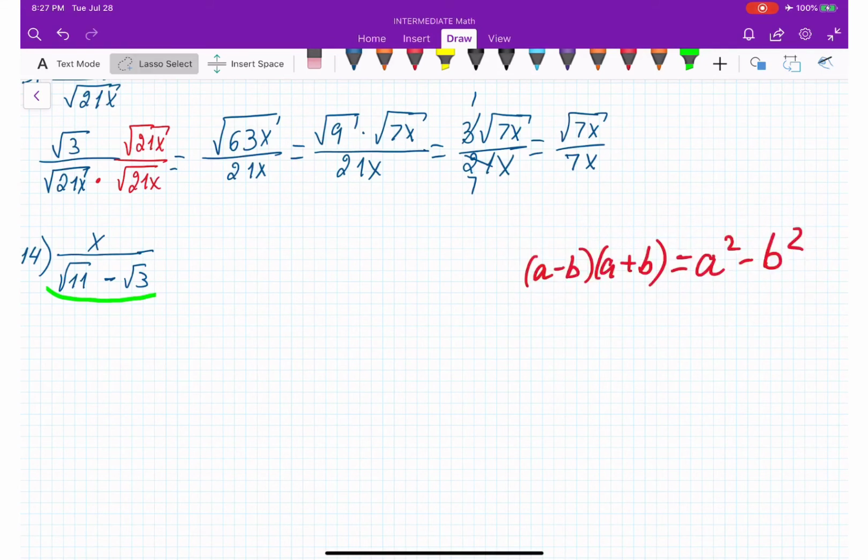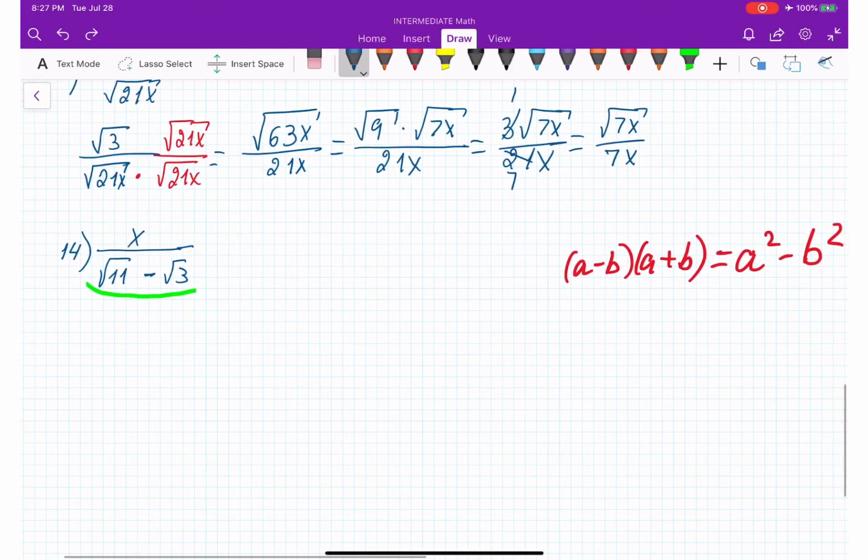So what am I going to do here? Meaning I'm going to take this in parentheses and multiply. You know what? Let's do on the new line. Okay. X over square root 11 minus square root of 3.